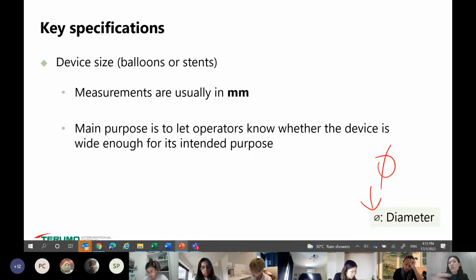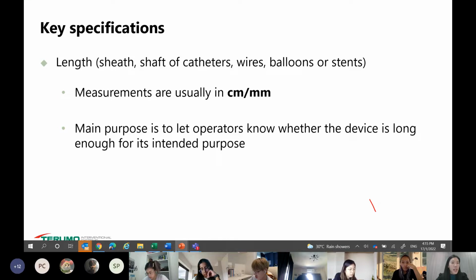So normally when you see a diameter of 4 mm for a balloon, it just means that the balloon can expand up to 4 mm, similar to stents. And length for sheaths, shafts of catheters, wires, balloons, or stents is also in mm, but for longer devices, cm, and it also allows the operator to know whether the device is long enough for its intended purpose.